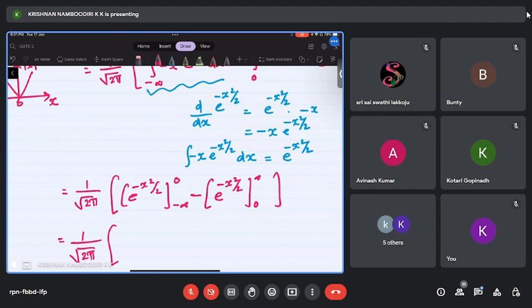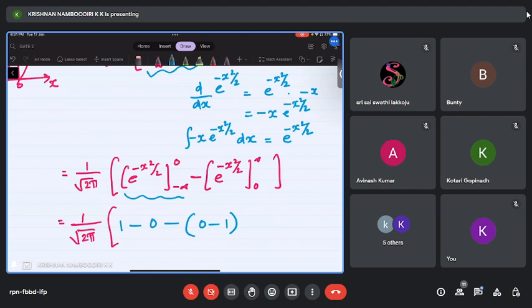If I substitute x equal to 0 in the first, we will get e power minus 0, which is 1, and e power minus infinity, which is again 0, correct? Because x square will always be positive, so e power minus infinity is nothing but 0. So again minus, here you will get 0 minus 1, because e power minus infinity is 0, minus e power minus 0.